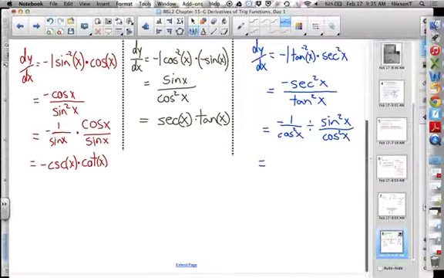If I flip this and multiply, my cosine squareds are going to cancel out. And I'm going to have a negative 1 over sine squared, which is a negative cosecant squared of x.